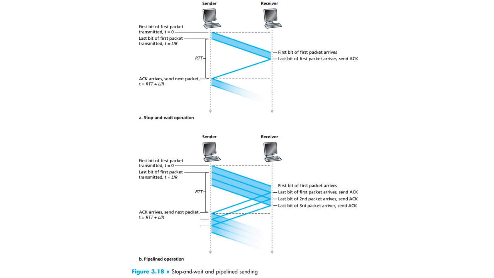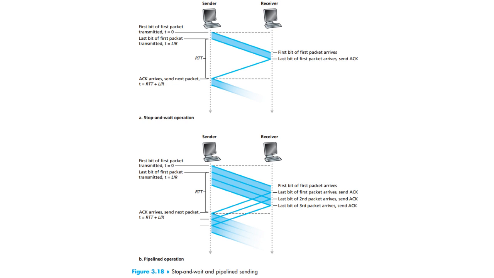Suppose they are connected by a channel with transmit rate R of 1 Gbps, which is 10 to the 9 bits per second, with a packet size L of 1000 bytes per packet, including both header field and data. The time needed to actually transmit the packet into the 1 Gbps link is d transmission equals L by R, which is 8000 bits per packet divided by 10 to the 9 bits per second, which is 8 microseconds. Now see the stop and wait sending and pipeline sending.